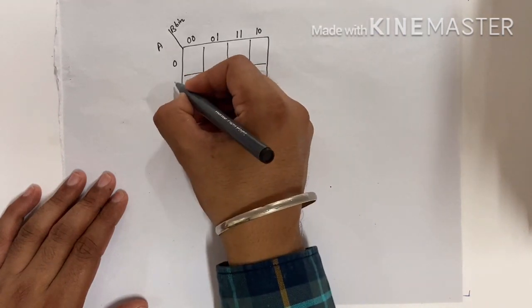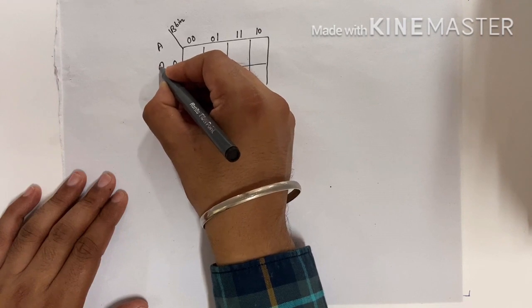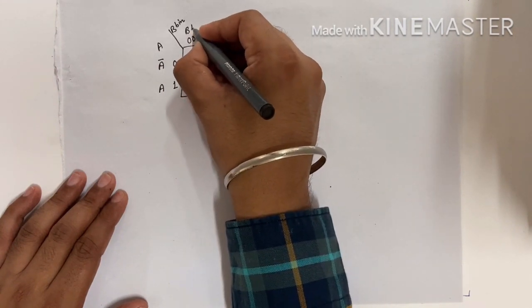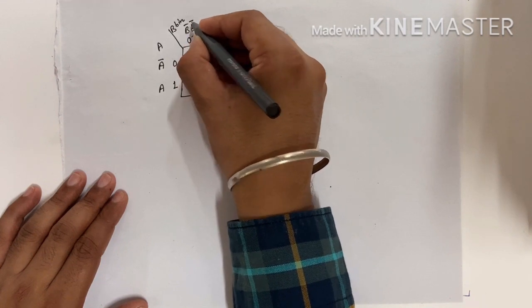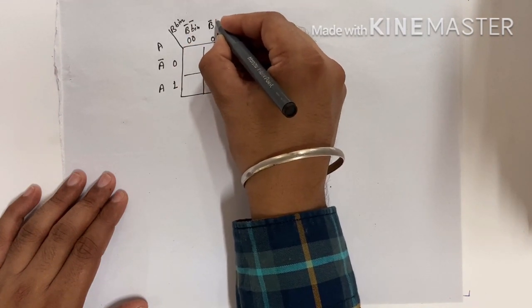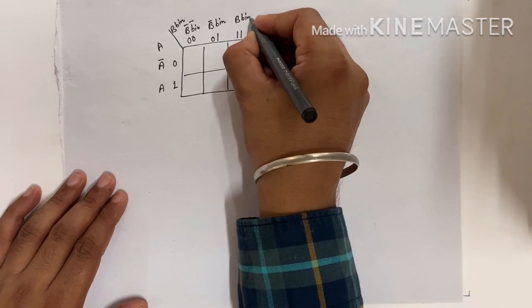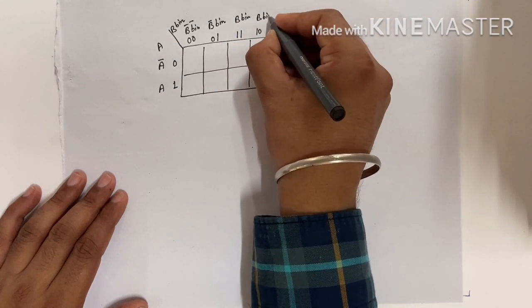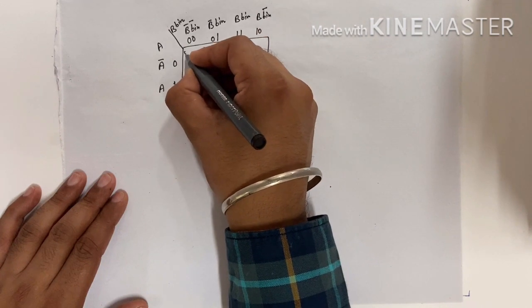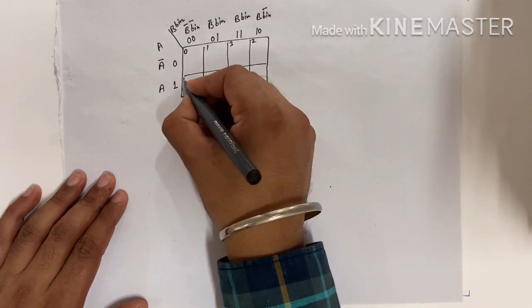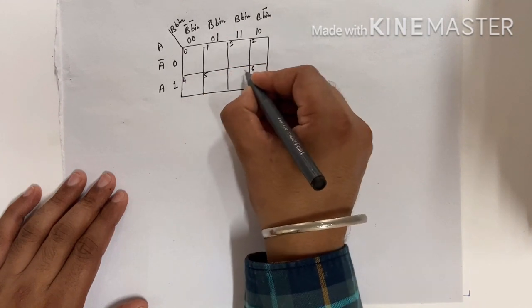This is 0, this is 1, this is A complement, this is A, this is B and B input, both in complement form. This is B complement, B input, B input, B input complement. We can write the cell numbers 0 1 2 3 4 5 6 7.